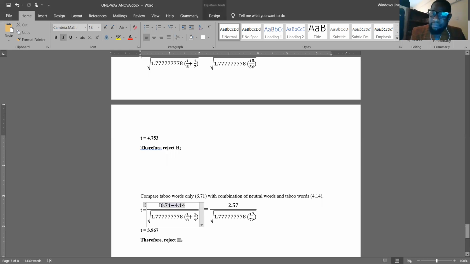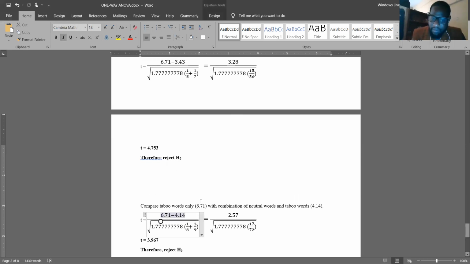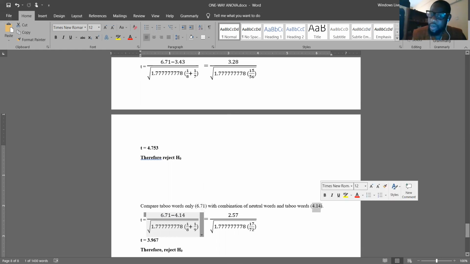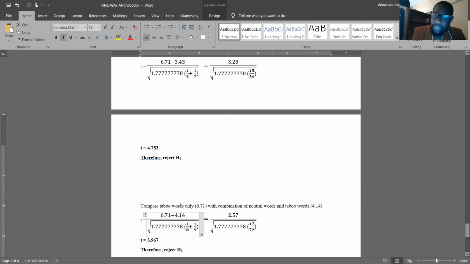This time around, the mean difference here will be for taboo words only, which is 7.71, then those in both conditions, which is 4.14. So it will be 7.71 minus 4.14 over the square root of the mean square for between times 1/8, because the sample size for taboo words only was 8, plus 1/9 because the sample size for participants in both conditions was 9.